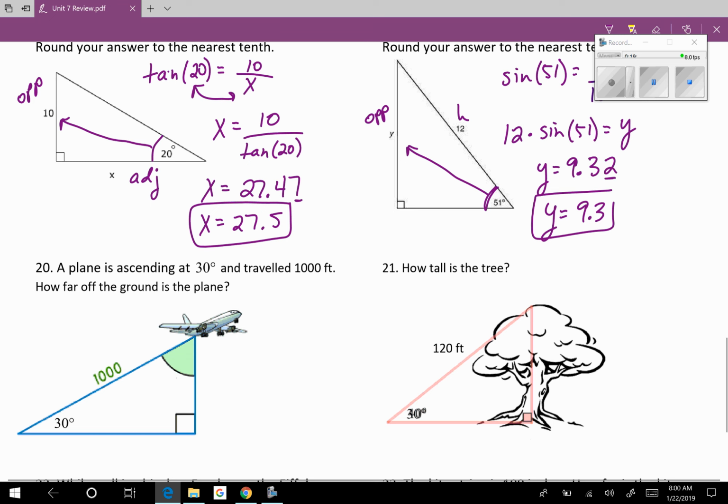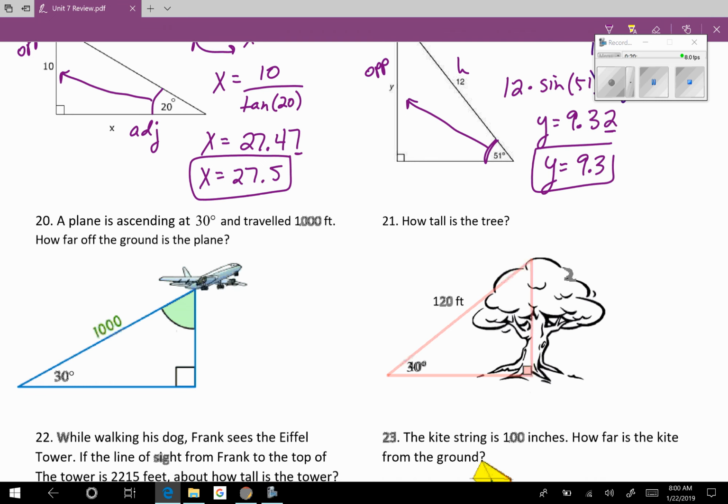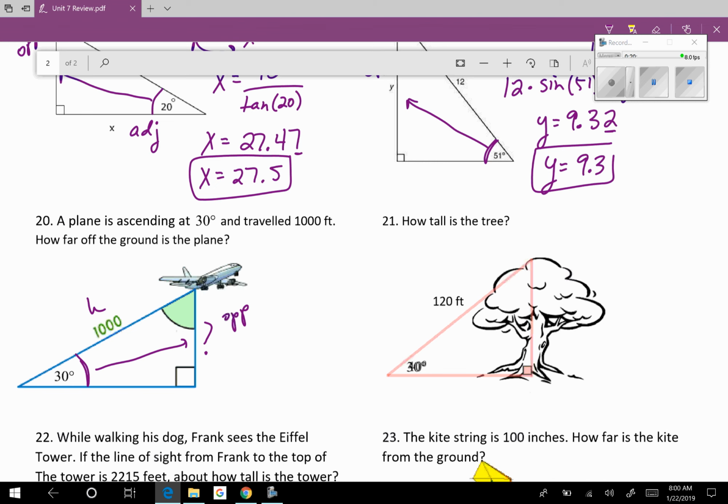All right, number 20. A plane is ascending at 30 degrees and traveled 1,000 feet. How far off the ground is the plane? So we want to know how far up off the ground is this plane. So we have 30. The side we're trying to find is opposite to it. This 1,000 is our hypotenuse, so we need to use sine. So the sine of 30 is equal to x over 1,000.